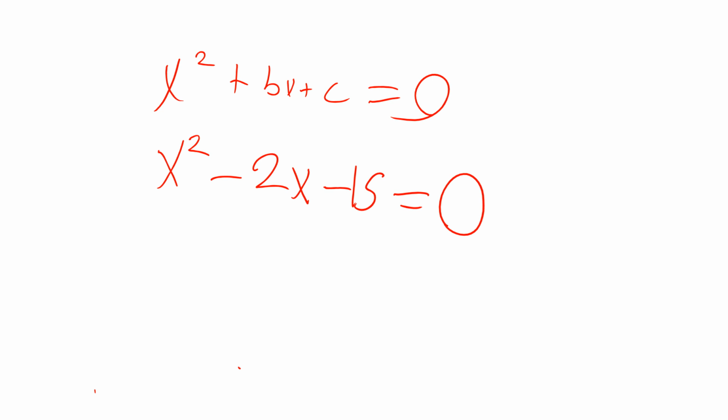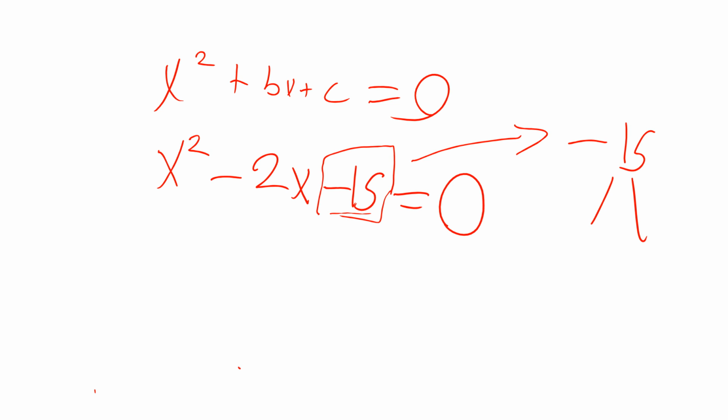When we factor our quadratics, we want to take the constant term, negative 15, and find two factors of negative 15 that, when added, add up to negative 2, the coefficient of the linear term.